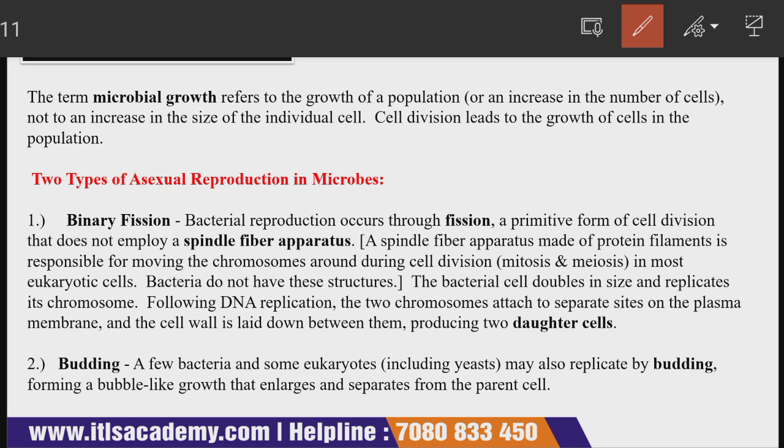The parent cell divides itself and forms two identical daughter cells. There are basically two types of asexual reproduction in microbes. So microorganisms grow with the help of asexual reproduction.